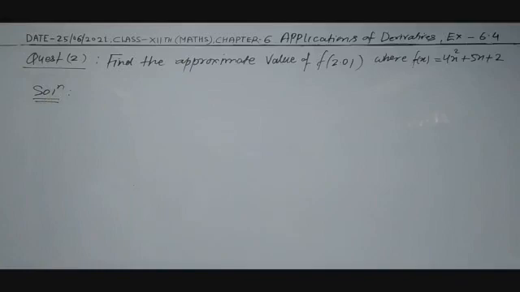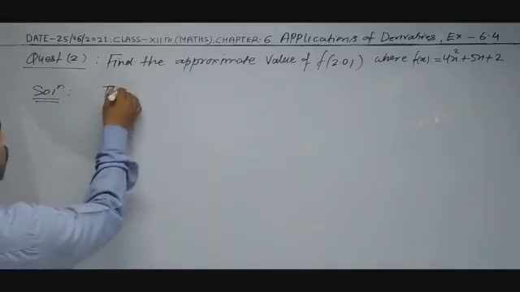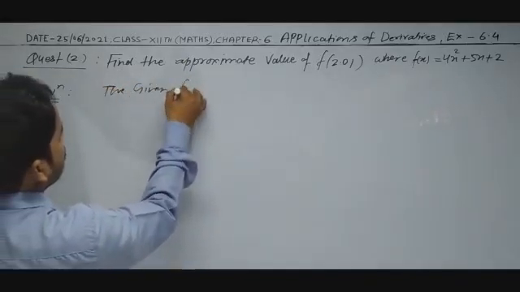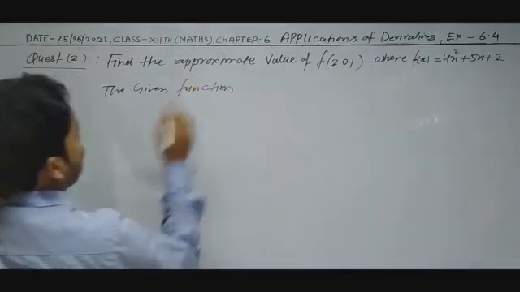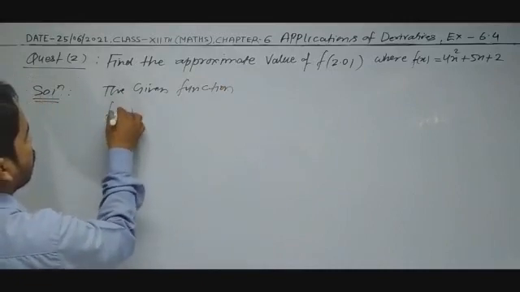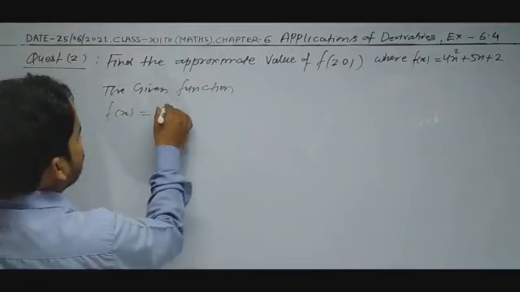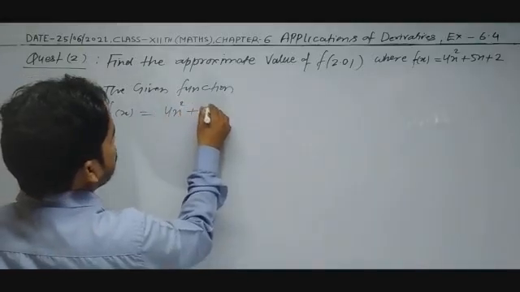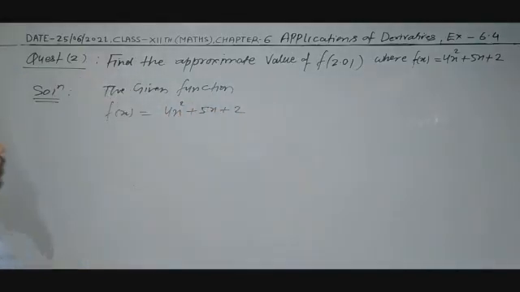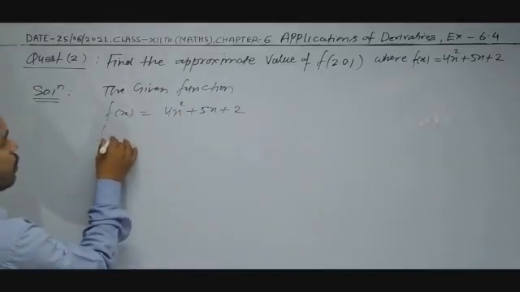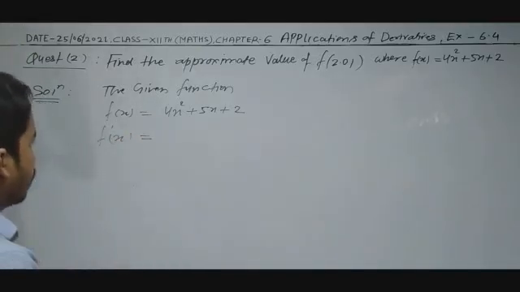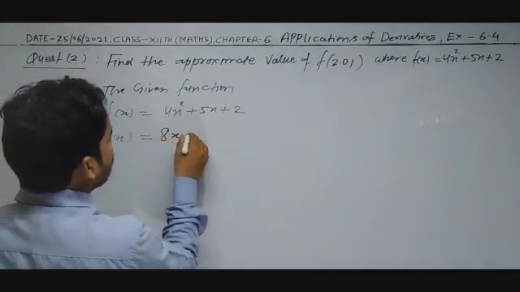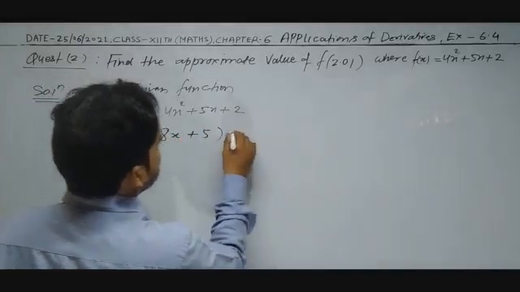First of all, the given function is f(x) equal to 4x square plus 5x plus 2. First of all, you have to differentiate. f dash x, the result you will get, is 8x plus 5. Consider equation 1.